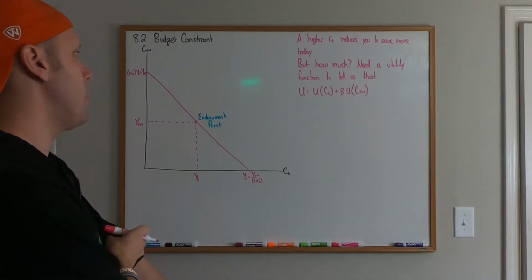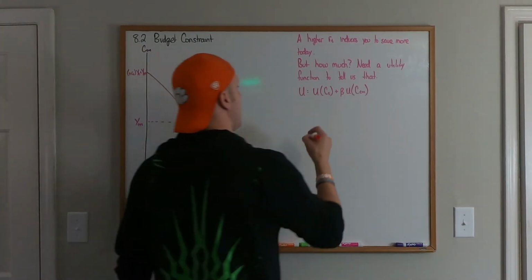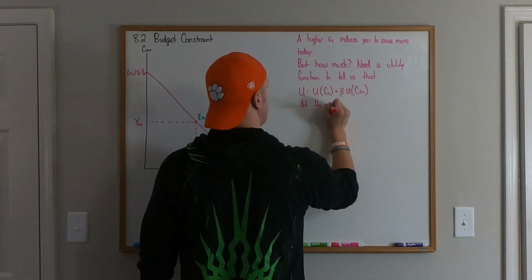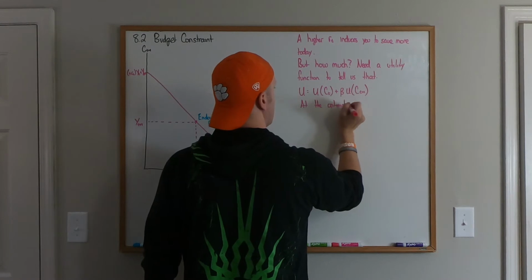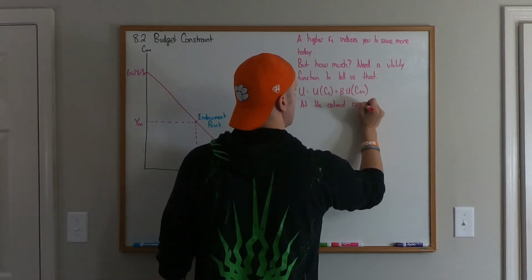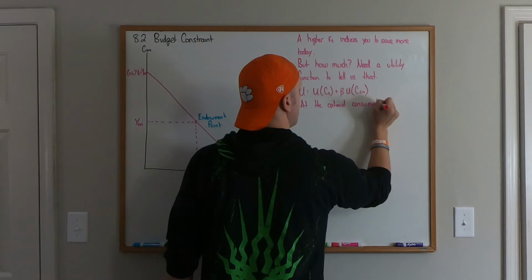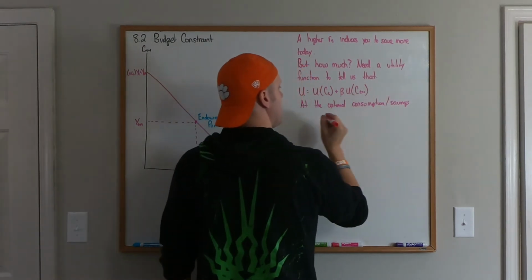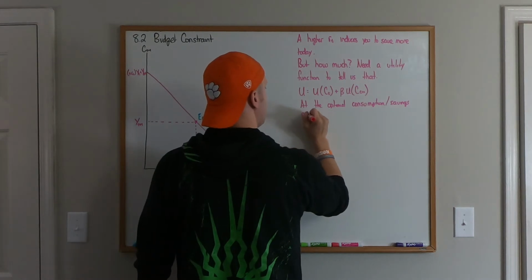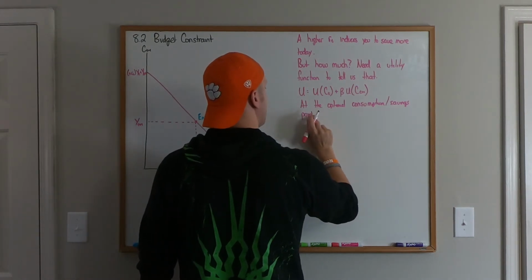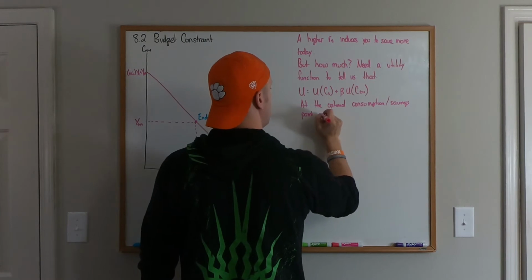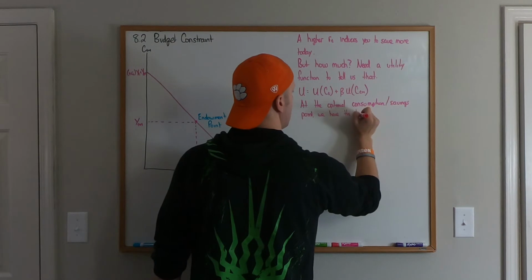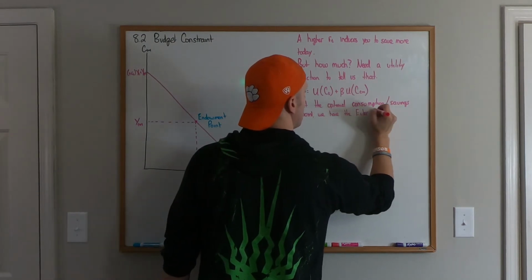And if we remember from the dynamic optimization stuff, I'll say at the optimal consumption savings point, we have the Euler equation.